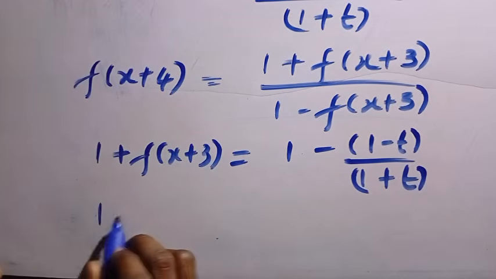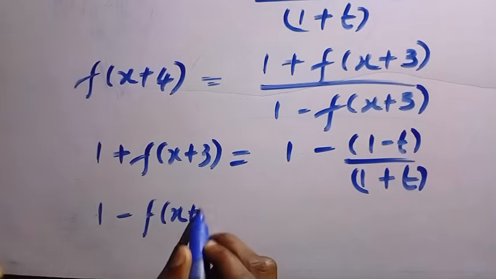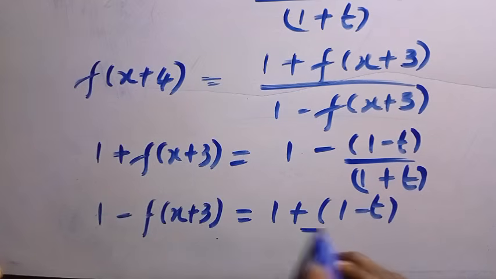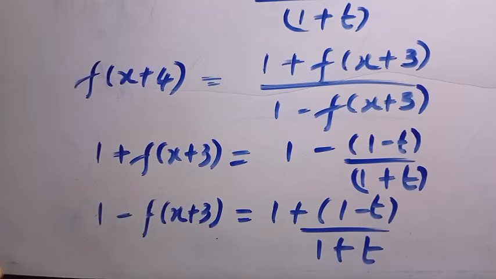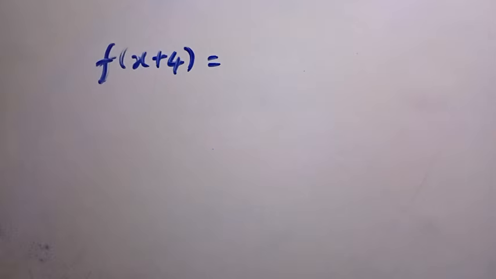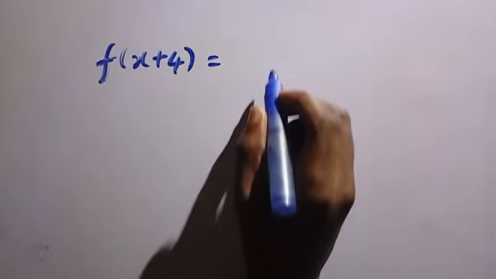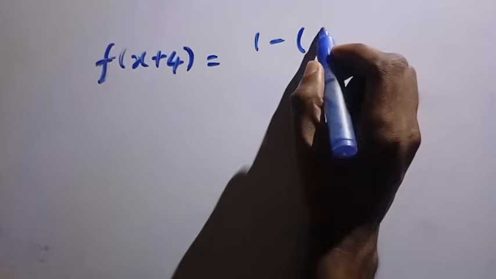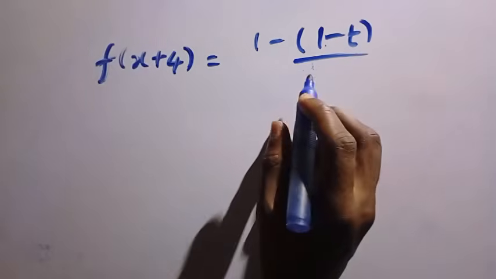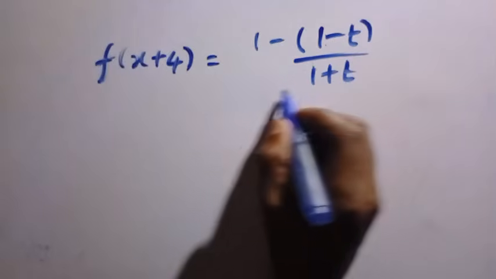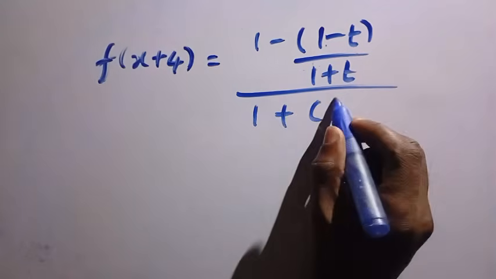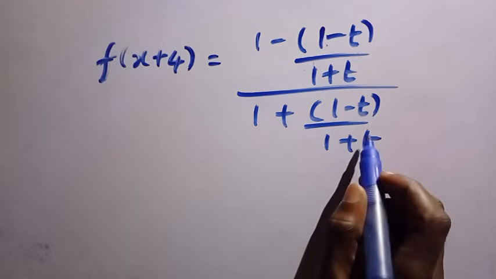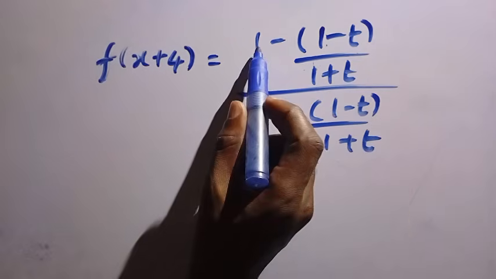And also considering 1 - f(x+3), we have 1 plus (1 - t)/(1 + t). By bringing this together, we know this cancels this after we multiply it with this.